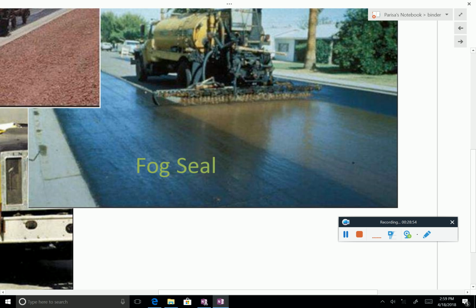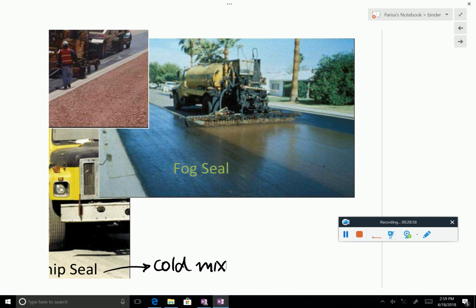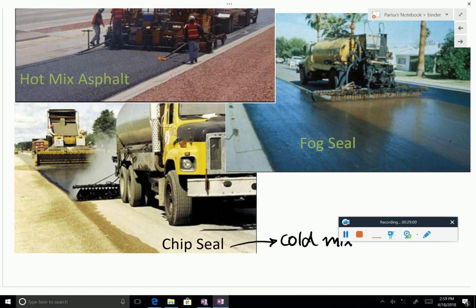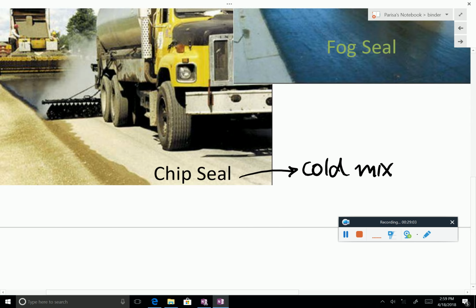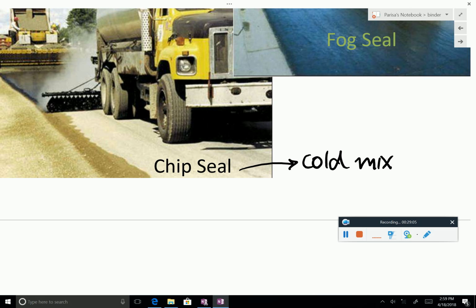So you just spray it, let's say, for sealing purposes, as you can see here. And chip seal is some word for a cold mix. So you can see that we have aggregates here, and then you go over with adding asphalt emulsion, and then you let the water evaporate, and then you have a nice layer sticking there.